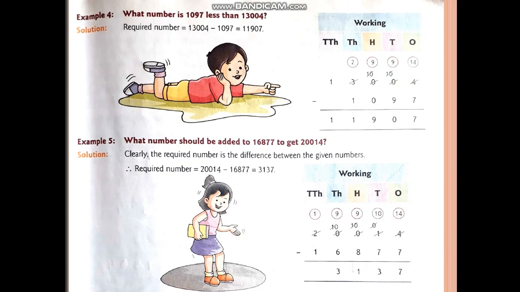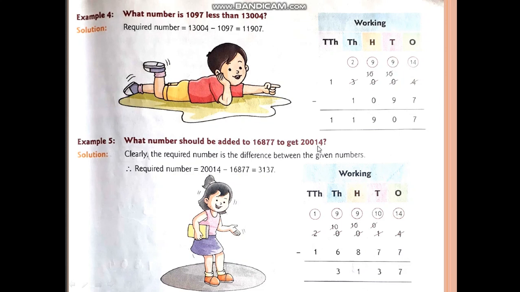Now we are subtracting: 14 minus 7 is 7. 9 minus 9 is 0. 9 minus 0 is 9. 2 minus 1 is 1. And at last there is no number to subtract, so write 1 as the answer. So our answer is 11,907.